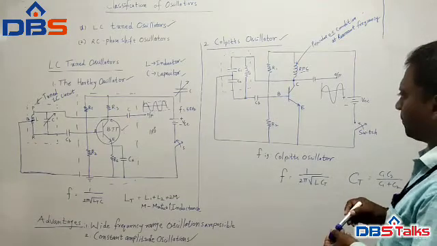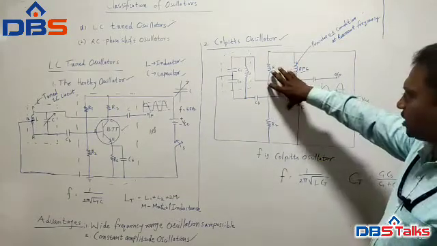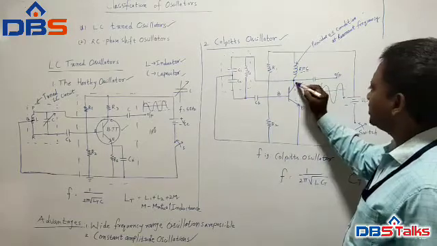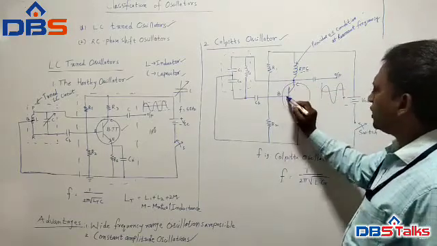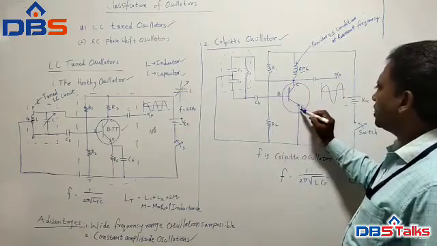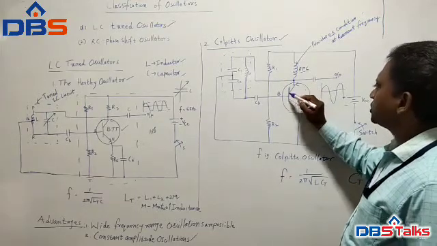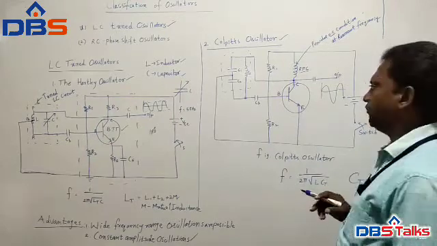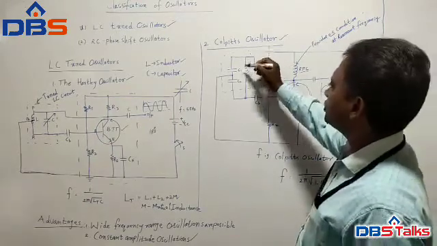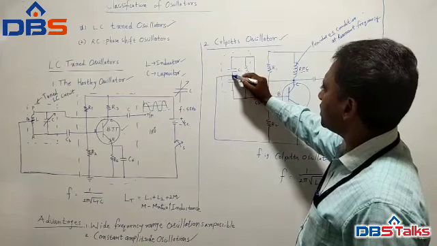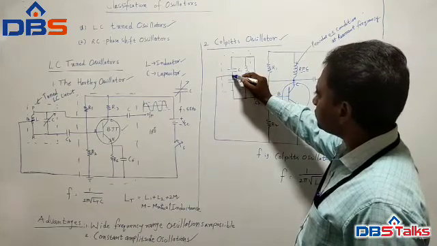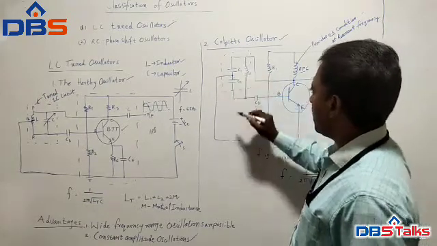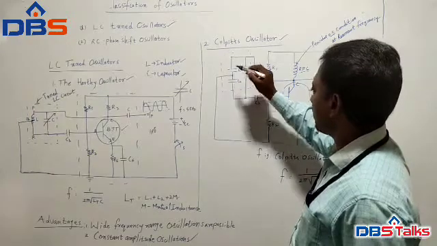The remaining operation is the same. This is the amplifier, and here also it is a common emitter amplifier. We apply input to the base and take output across the collector, so it is a common emitter configuration with an LC tuned circuit. Here we take the center tapping in the middle of these two capacitors.